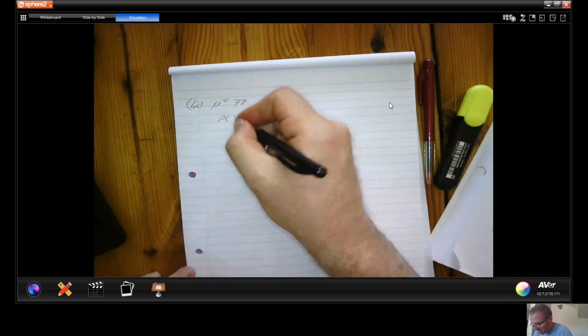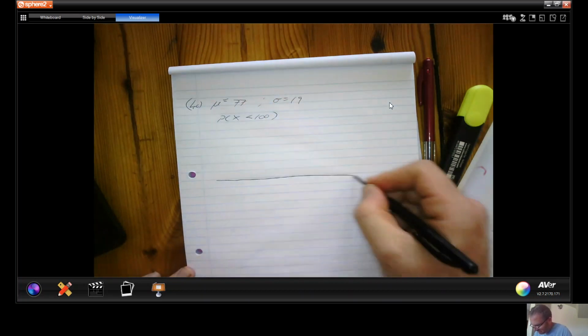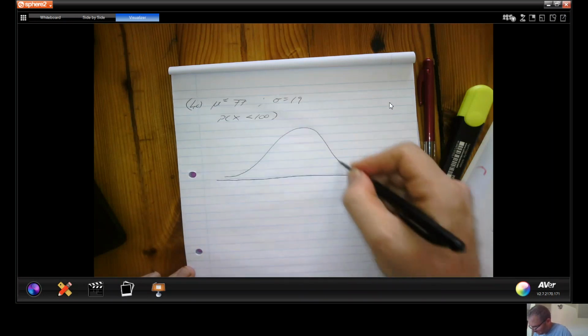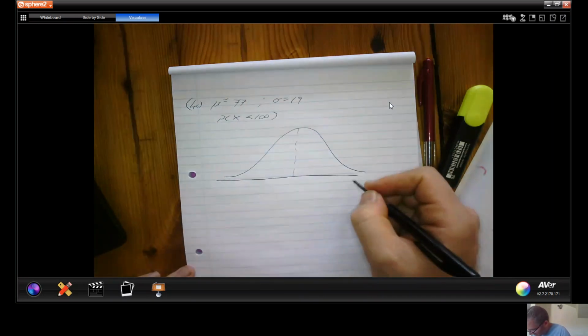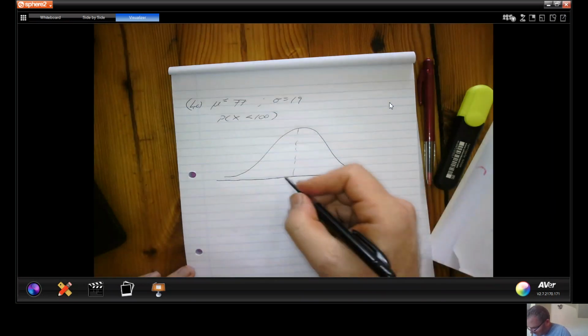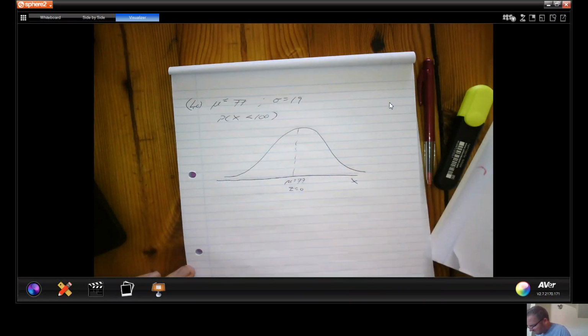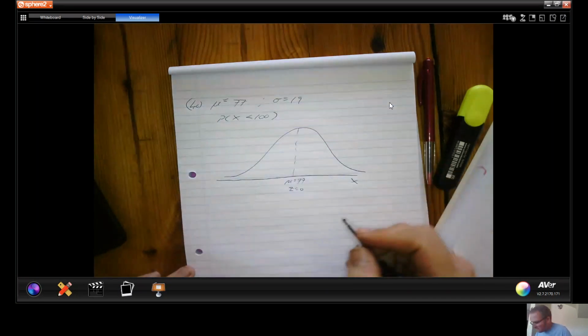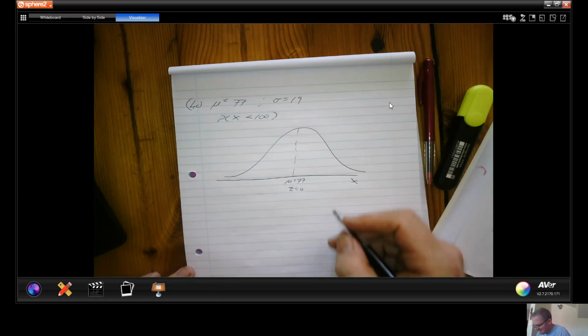So we're looking for the probability that X is less than 100, which is above the mean.